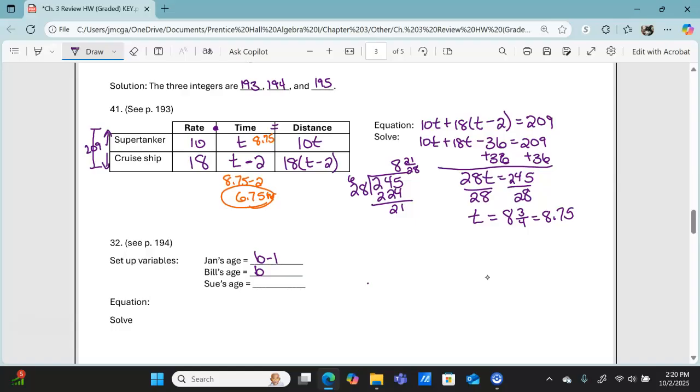And then Sue's age is the hardest one to do because it says Jan is 1 year younger than her brother Bill and Jan is 1 year older than Sue. So Jan is a year older than Sue. That means Sue is a year younger than Jan.